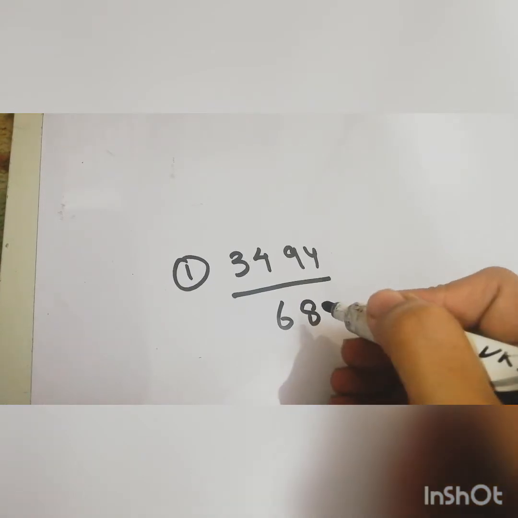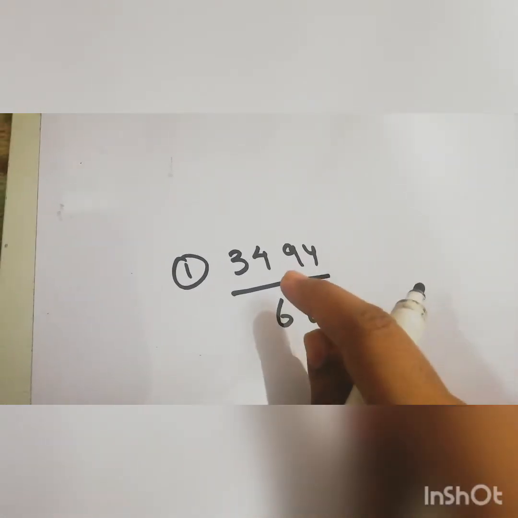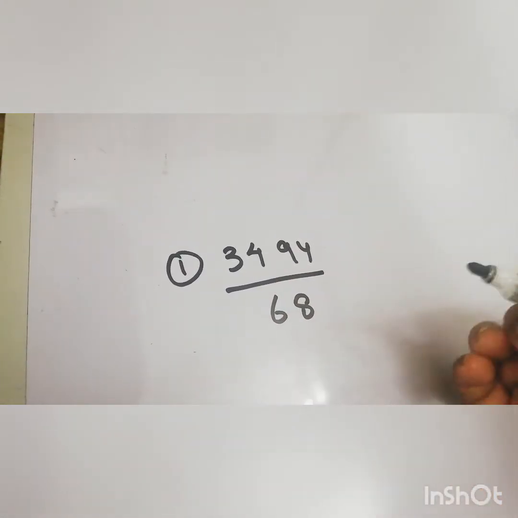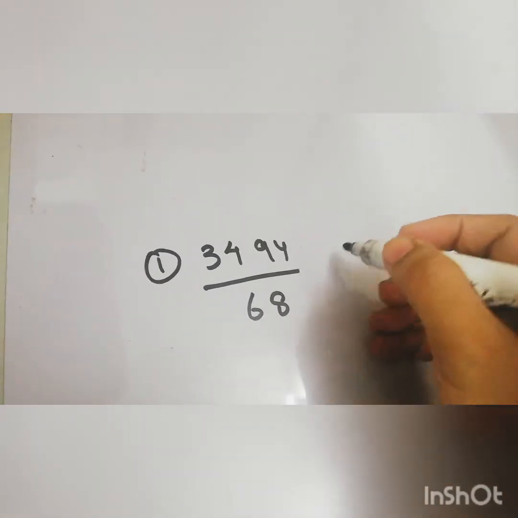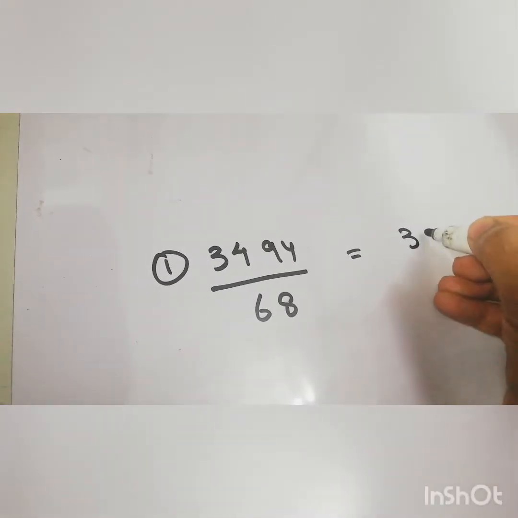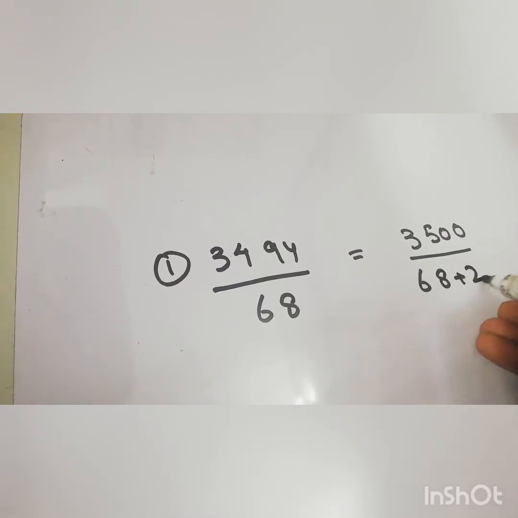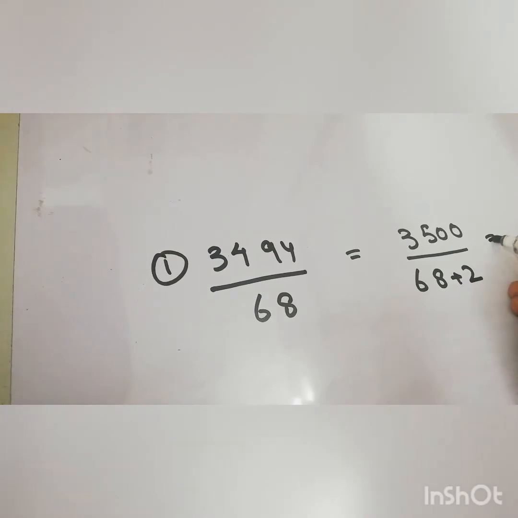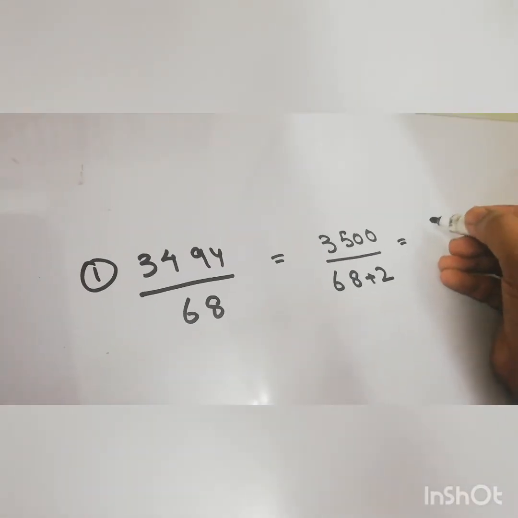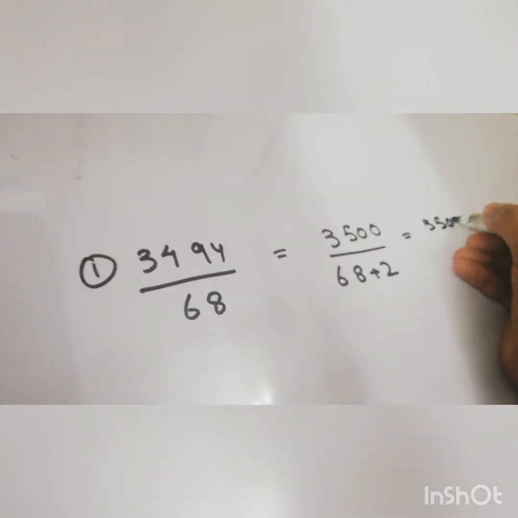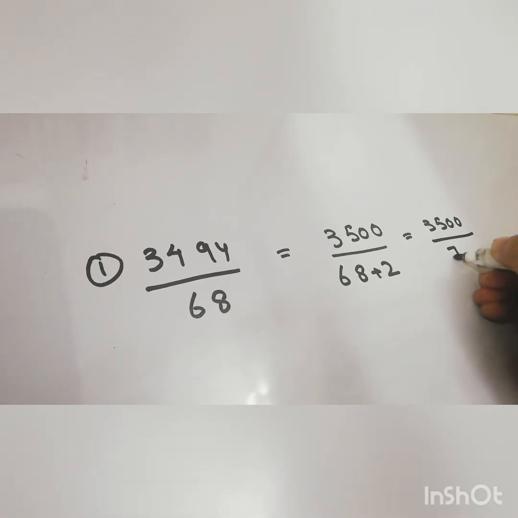If I have a 4 digit number 3494 and have to divide it by 68, in my first step I will round off 3494 into 3500, and after adding 2 to 68 I will get 70, which will be my nearest 10 number.